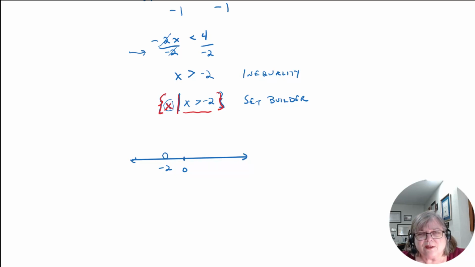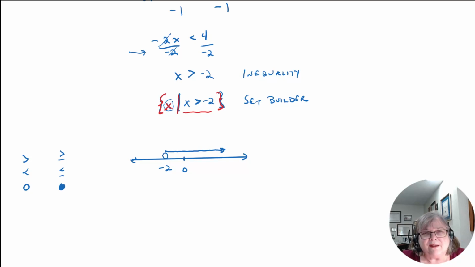And you would ask, do I color in the bubble or do I leave it open? Well, since this says greater than only, it did not have equals, right? Then it's left open. And the x's that are greater than negative 2 are to the right. These are all the numbers that are greater than negative 2. So if you had greater than or less than, you left a little open bubble. If you had greater than or equal to or less than or equal to, you colored it in.